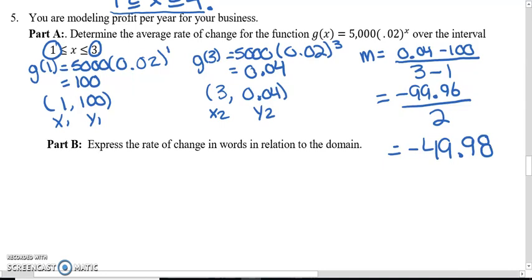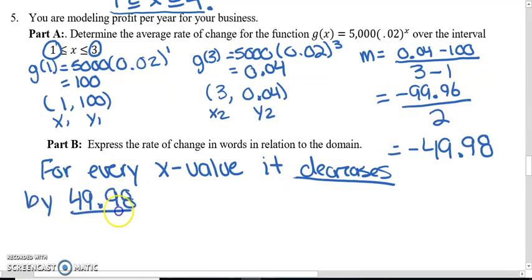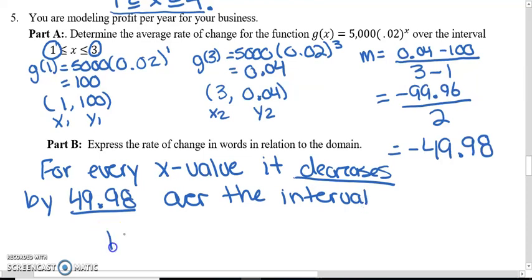Part B, express the rate of change in words in relation to the domain. Again, the sentence is pretty simple. We're just going to be replacing a couple words and phrases. For every x value, it, again since it's negative, decreases by 49.98 over the interval 1 less than or equal to x less than or equal to 3.